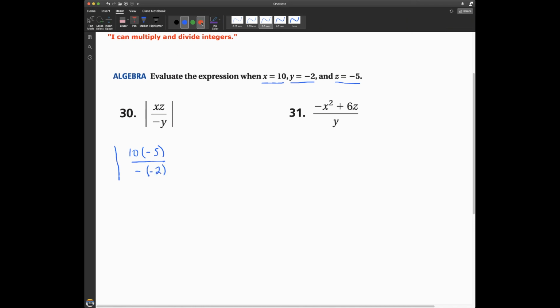I have that negative sign there, so I'm going to put my magic 1 in front there so I know what to do with that type of problem.